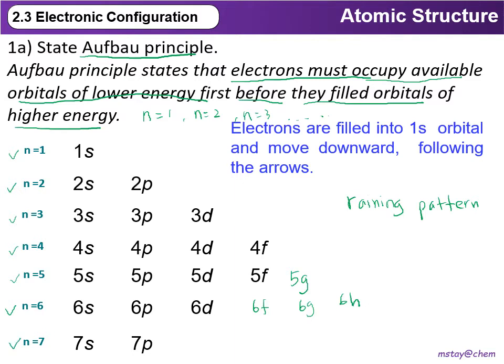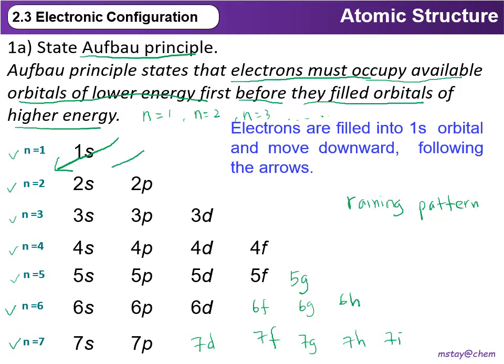For 7, we have 7s, 7p, 7d, 7f, 7g, 7h, 7i. However, we will not look at the g orbital and also the h orbital. That's why in this slide, I only show most of the orbitals that we are going to involve when writing the electronic configuration.